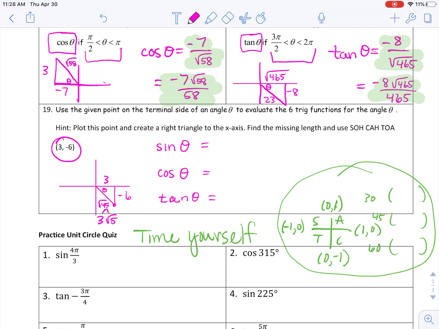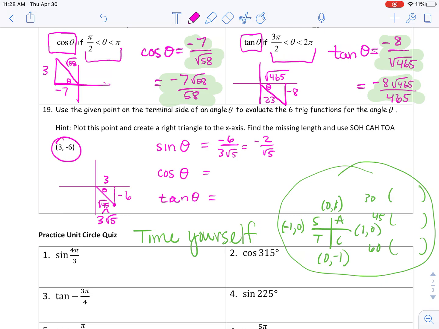So the sine is opposite over hypotenuse. I'm going to reduce. And just for the sake of time and simplicity here, I'm just going to leave these in non-rationalized form, but feel free to rationalize these. Again, the only ones that it's an absolute must for are your unit circle ratios.